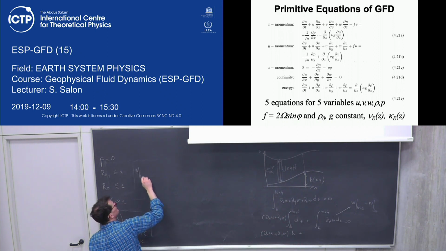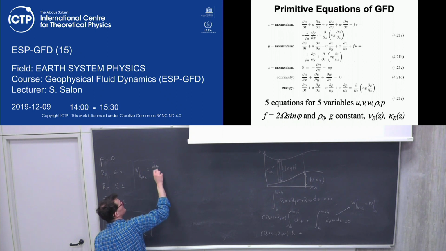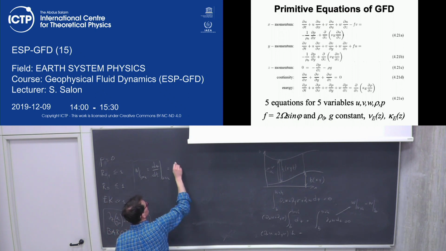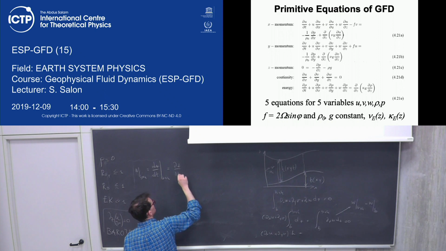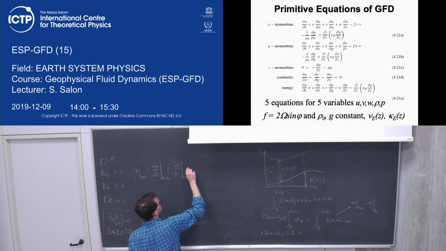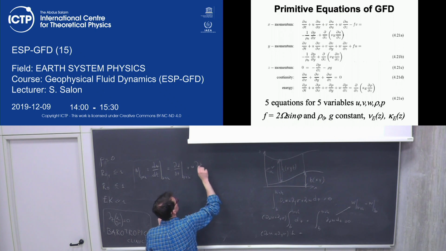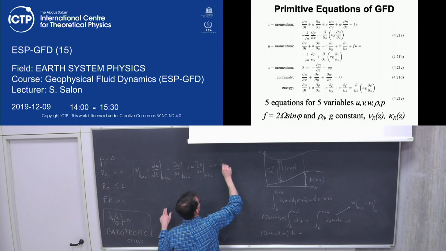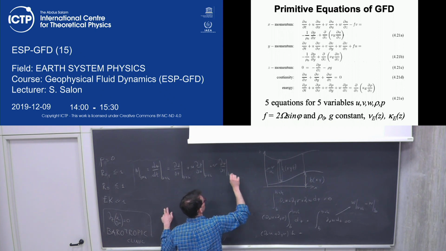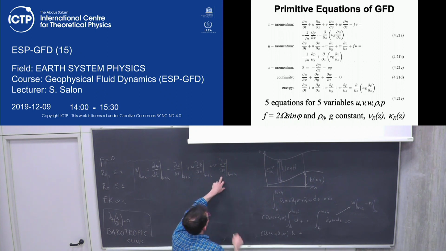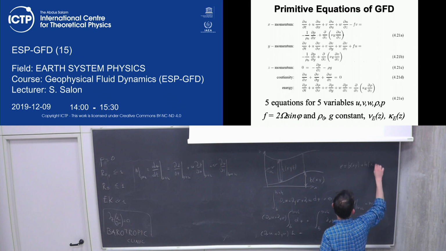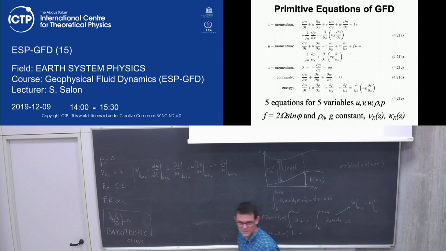So w in b plus h will be dz/dt in b plus h, which will be the local ∂z/∂t in b plus h, plus u ∂z/∂x in b plus h, plus v ∂z/∂y in b plus h. And that's all, because since z is equal to b(x,y) plus h(x,y,t), we don't have any kind of dependency on z.